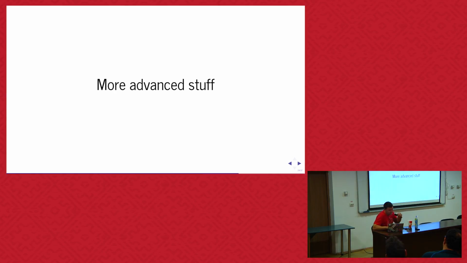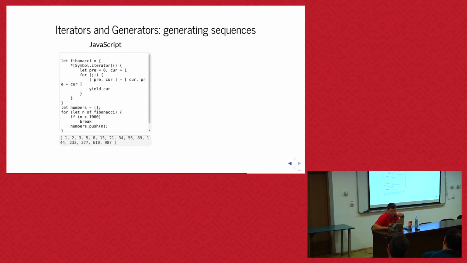Okay. There is some more advanced stuff that the ES6 standard gave us. So one of such things is iterators. So they have an iterator protocol, and you can create generator functions. A generator is something very similar to generators in Python, I think.